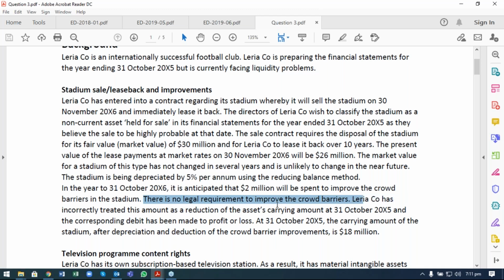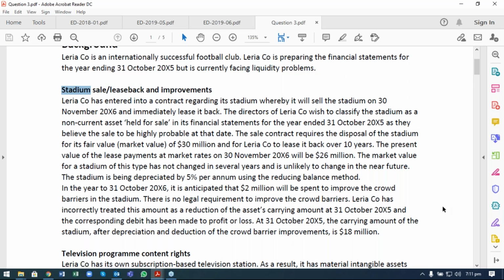Leria company has incorrectly treated this amount as a reduction of the asset's carrying amount at 31st October 2005, and the corresponding debit entry has been made to the profit and loss account. At 31st October 2005, the carrying amount of the stadium after depreciating and deducting the crowd barrier improvement is 18 million.